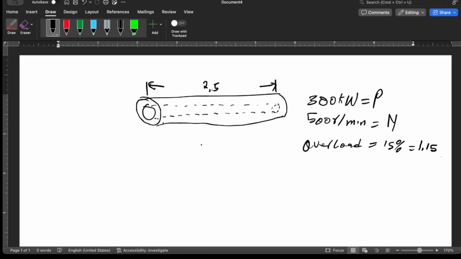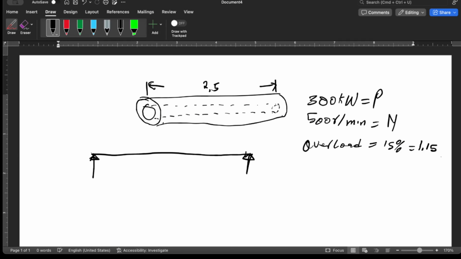And they say it supports a pulley which is placed 1 meter from the left bearing. We are also having the bearings. So I'm going to draw a schematic drawing, with a reaction at the left bearing and another reaction at the right bearing, according to the statement.